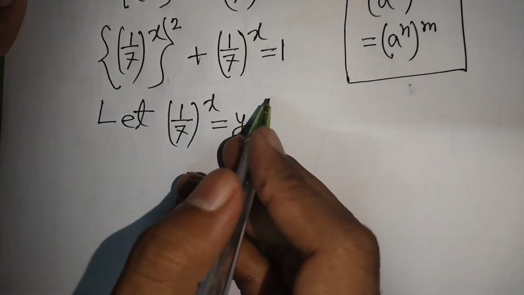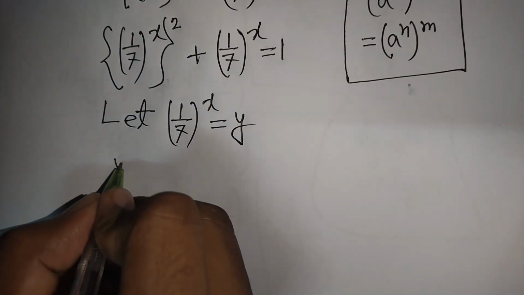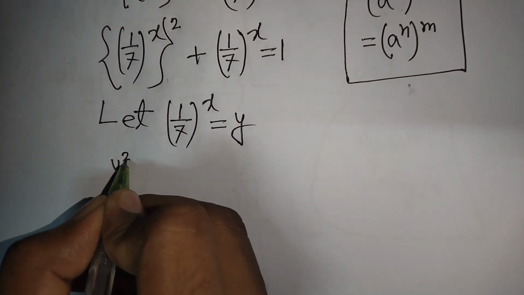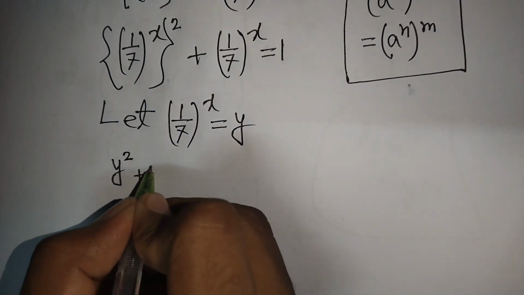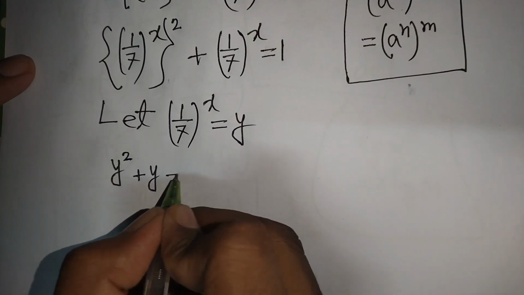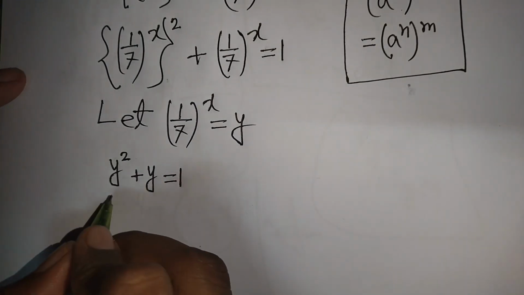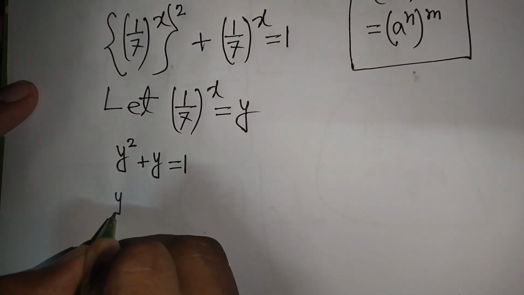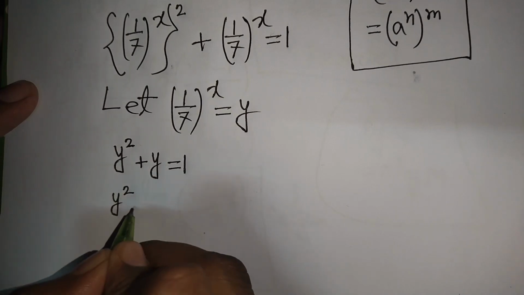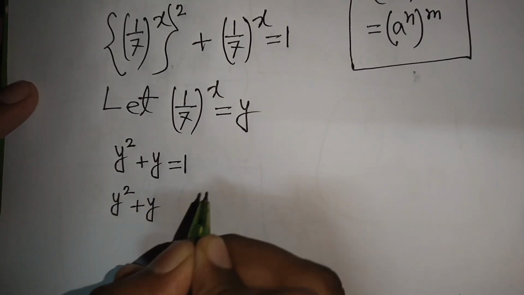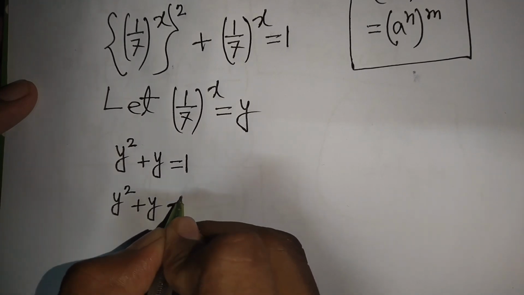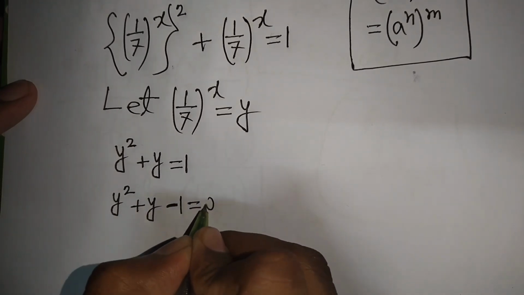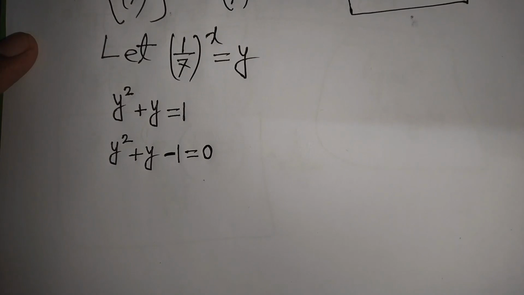So our equation will be y square plus y is equal to 1. Now we can write here y square plus y, then this plus 1 take to the left side, so this will be minus 1, is equal to 0.